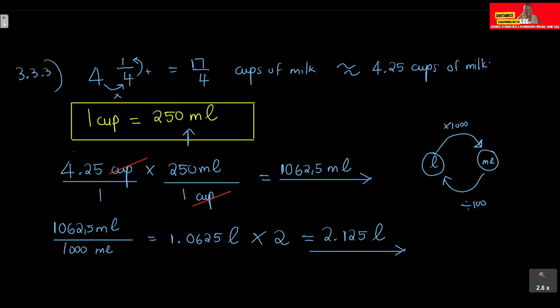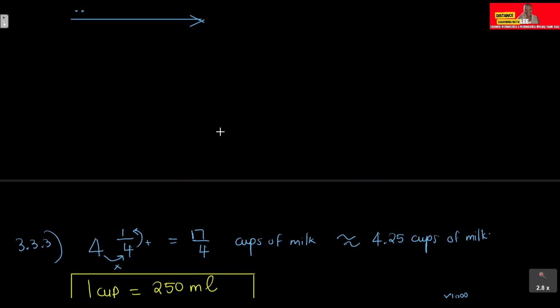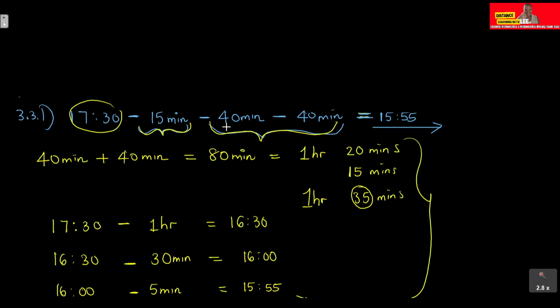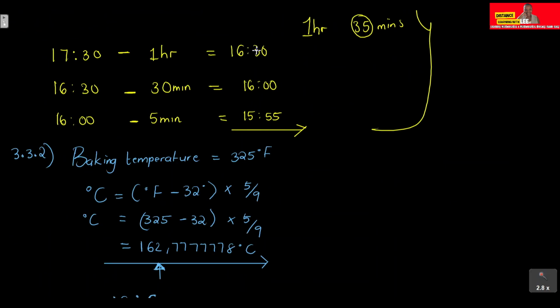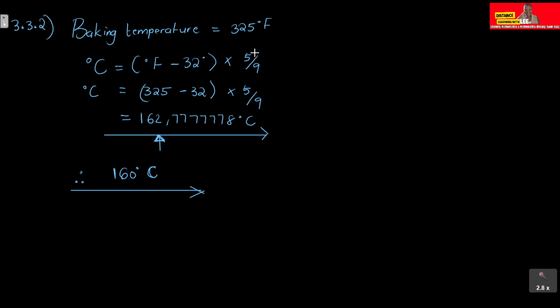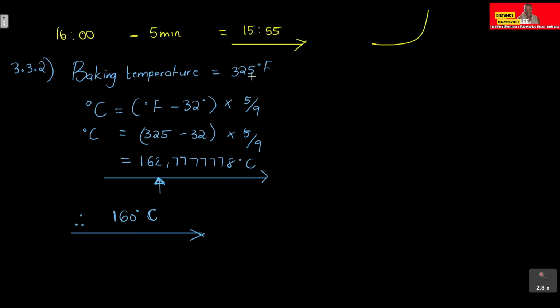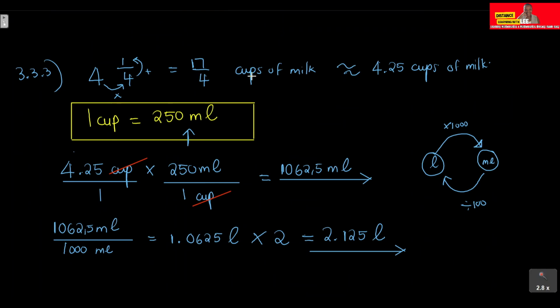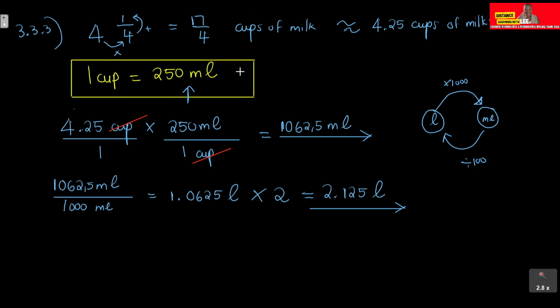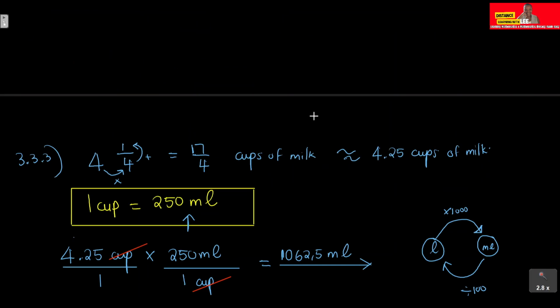And that is it, guys, for this last video tutorial. Hope you enjoyed this one as well, where we converted degrees Fahrenheit into degrees Celsius, changed our mixed fraction into an improper fraction, then converted the cups to milliliters, and further on converted the milliliters into liters.